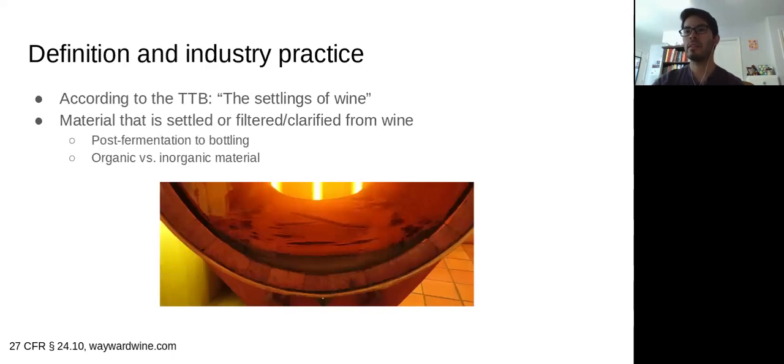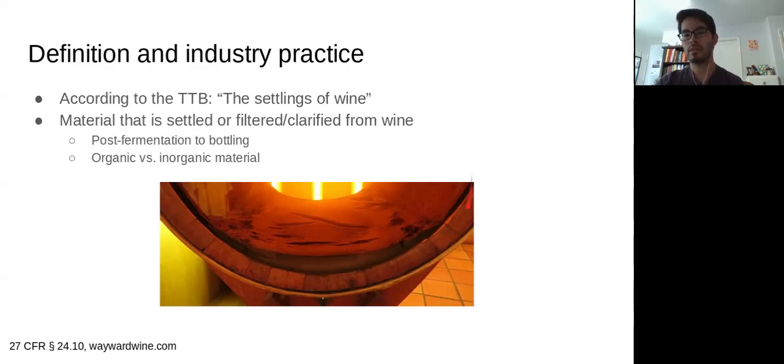So the TTB defines lees as the settlings of wine. We can expand on this definition and say that it is material that is settled, clarified, or filtered from the wine, specifically from post-fermentation to bottling. Basically, lees contain a high fraction of yeast material, and there's also likely bacteria from malolactic fermentation and inorganic material such as bitartrates and other non-soluble compounds.